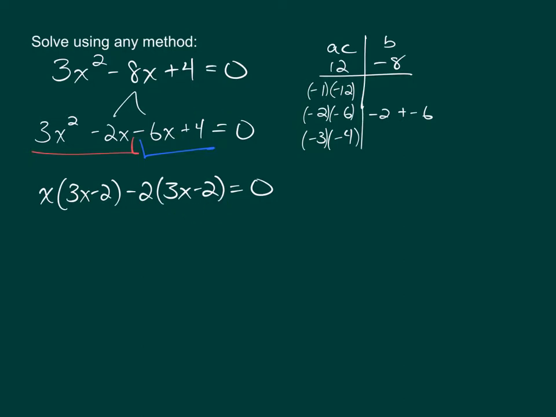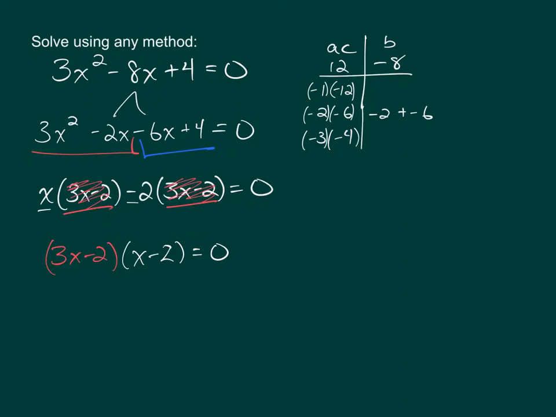So we have an x minus 2 there. That's awesome. The next step is to do another common factor of 3x minus 2. And when we do that, and we essentially cover these terms up, what we have left is an x minus 2 left over.